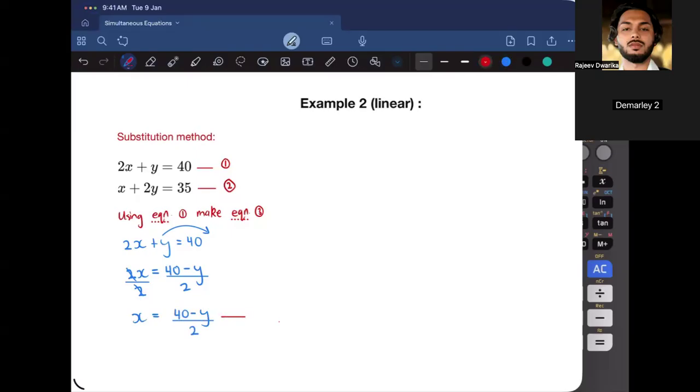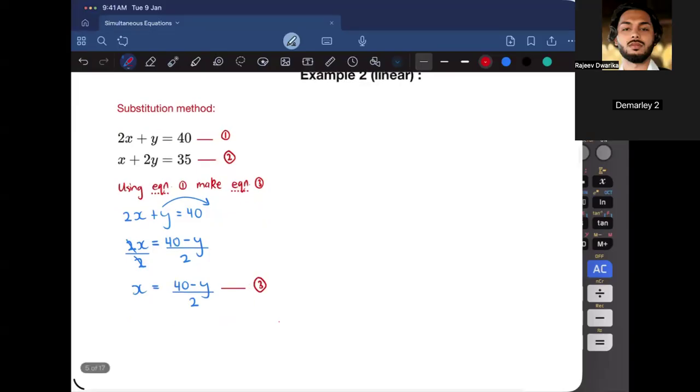Since you used equation 1 to make equation 3, you're not going to use it again. You're going to use equation 2 now. So you're going to plug equation 3 into equation 2.